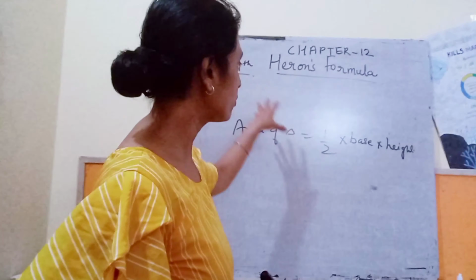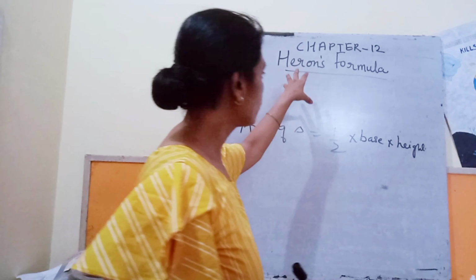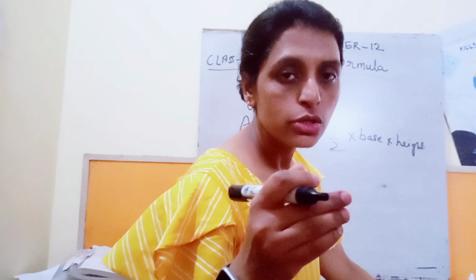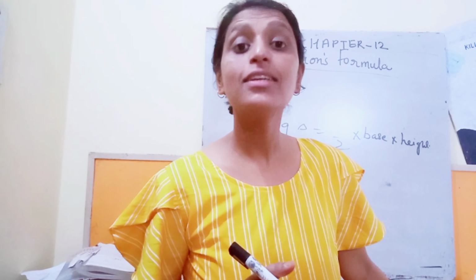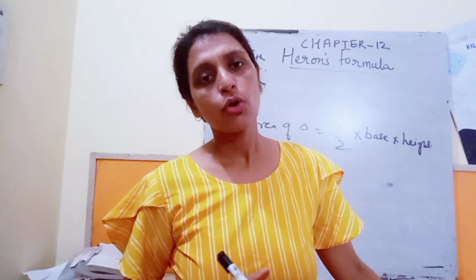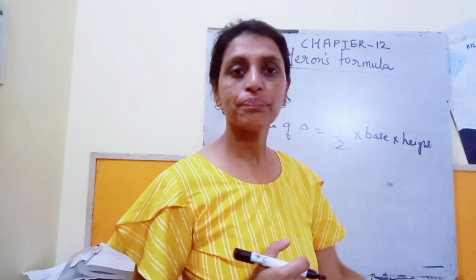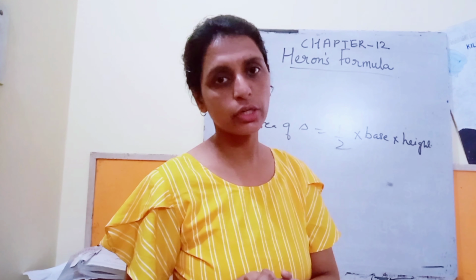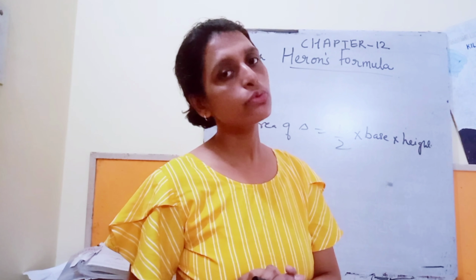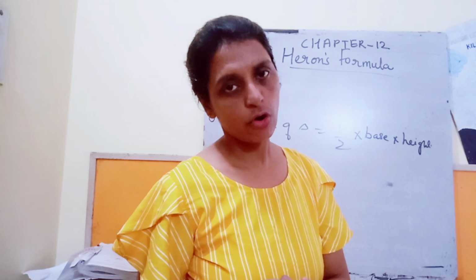So basically we apply Heron's formula to find the area of the triangle when all the three sides are given, or its perimeter is given, or the height is not mentioned. Then also we can use Heron's formula.